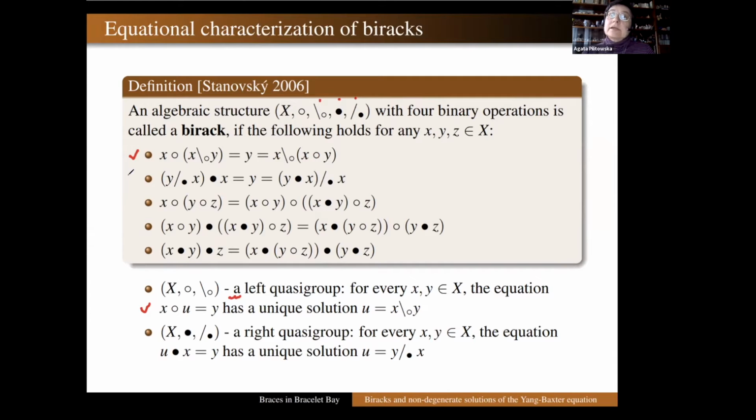And the second condition means that this set with the remaining binary operations of right multiplication and right division is a right quasi-group, which means that the equation u multiplied by x equal to y has a unique solution expressed by the right division.